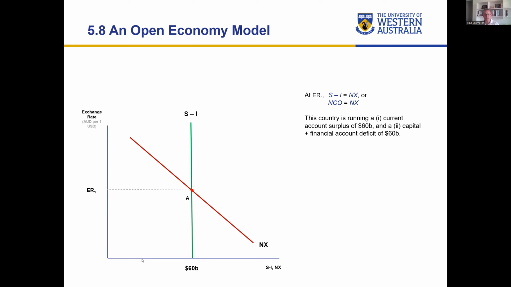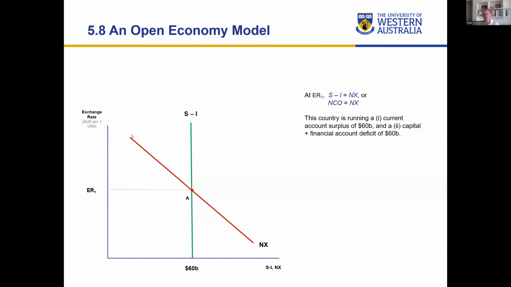The zero is going to be there, and these variables can become negative. If we imagine that zero is approximately halfway between the origin and 60 billion, then we can allow negative values of both S minus I and NX. Basically, this horizontal axis to the right extends to positive infinity, and to the left extends to negative infinity.